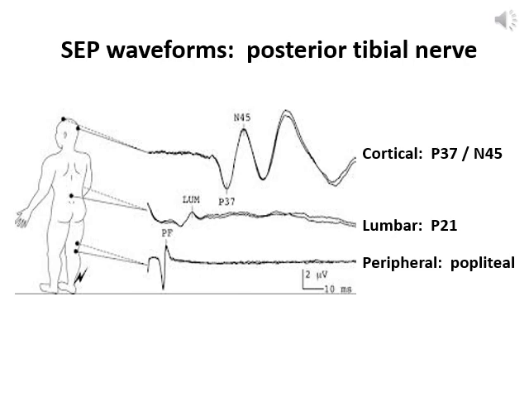The middle 3 channels, channels 2, 3, and 4, will show some form of the lumbar response, and the obligate component is the P21. And then finally, in the 5th montage, this is the peripheral tracing, and what is seen is a popliteal response at about 9-10 milliseconds after stimulus onset.